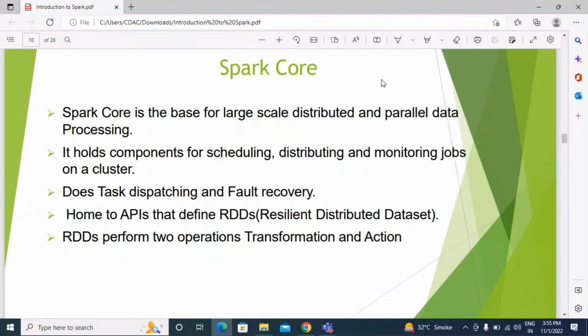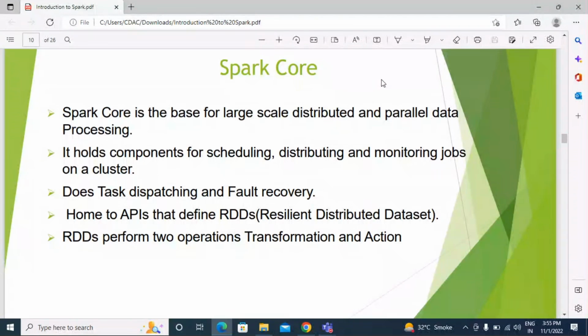It holds the components of scheduling, distributing and monitoring of the jobs. So Spark Core is also responsible for scheduling your job, distributing it across the cluster, and also monitoring it.